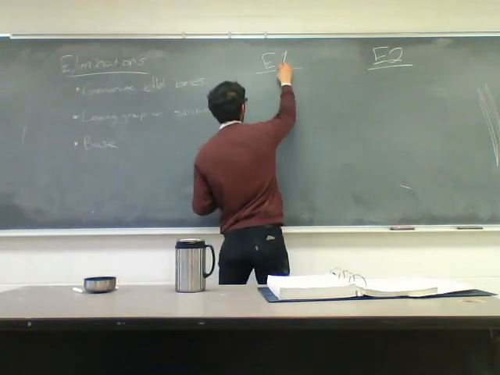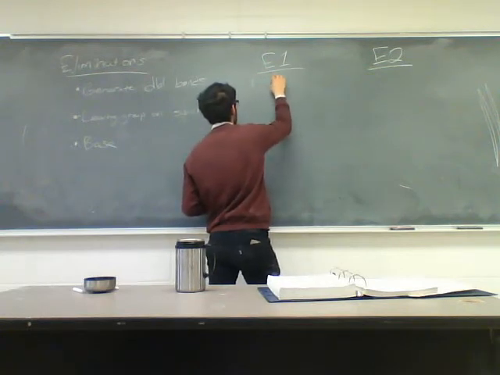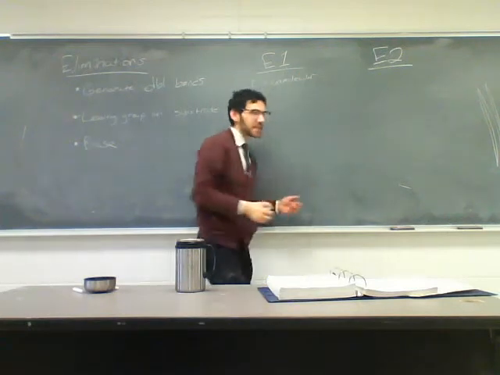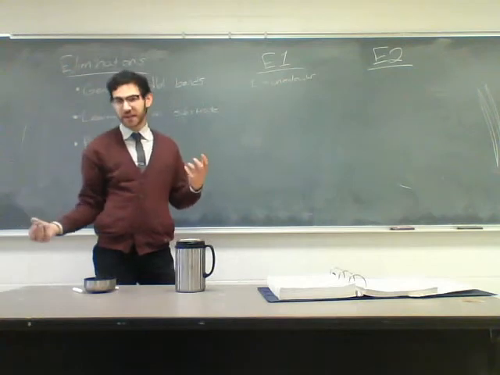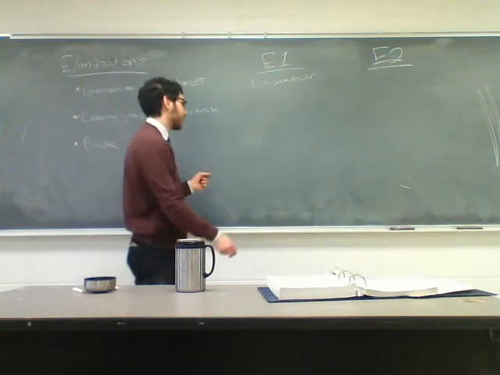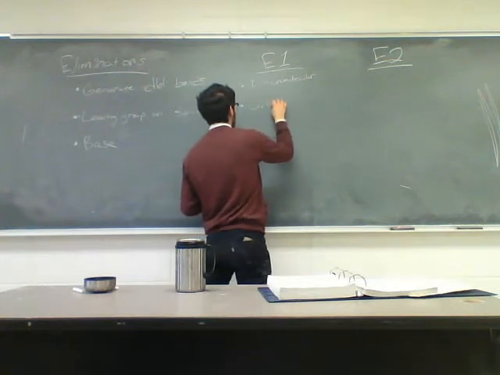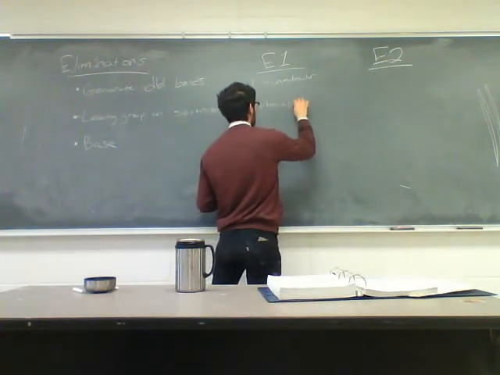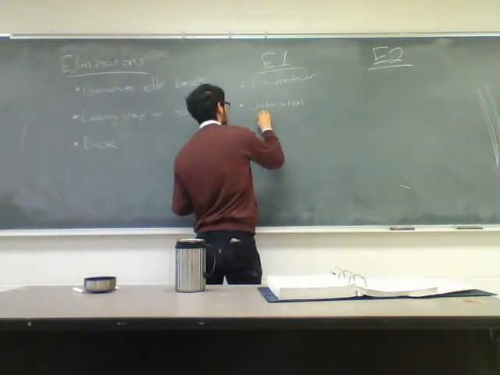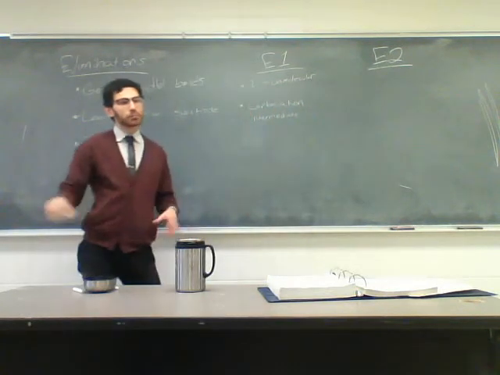So the E1, the E tells us it's an elimination. The 1 tells us that it is a unimolecular reaction. What does that mean? That means that the slow step, the hardest step in the reaction, is done by 1 molecule alone. And in this case, our slow step is going to be forming a carbocation. So the E1 reaction proceeds through a carbocation intermediate, which the substrate generates on its own.